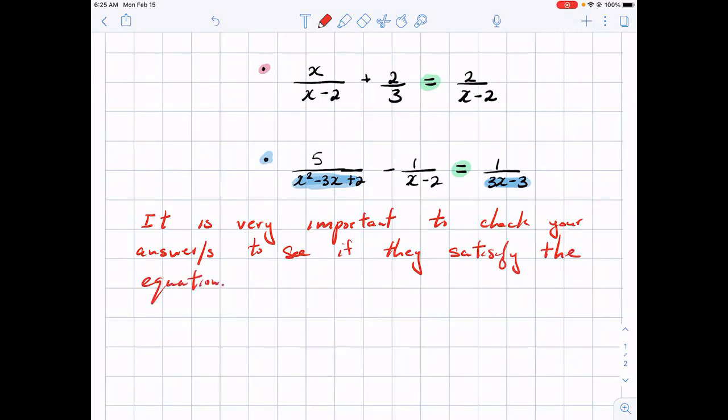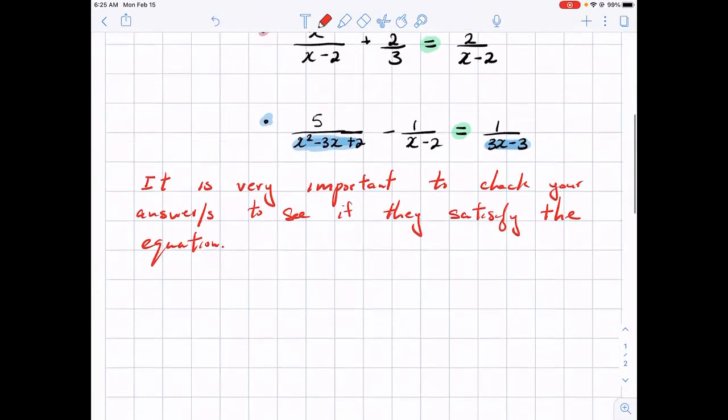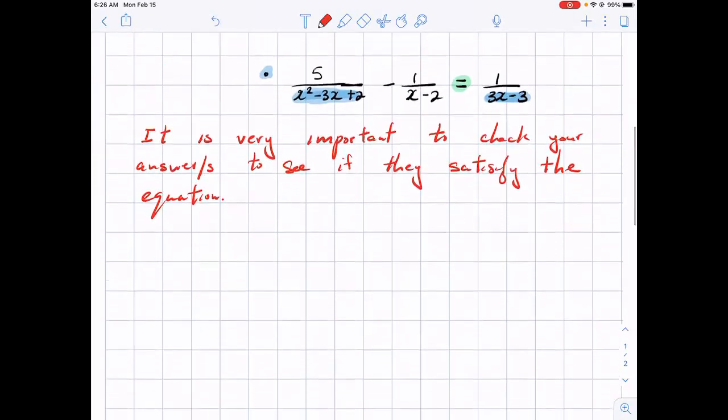And I say this because you will see that some of the answers we get will not work. Okay, so that's very important. All problems must be checked.